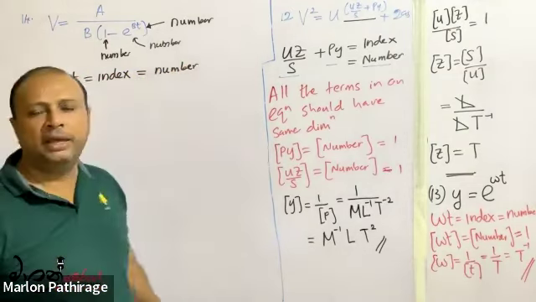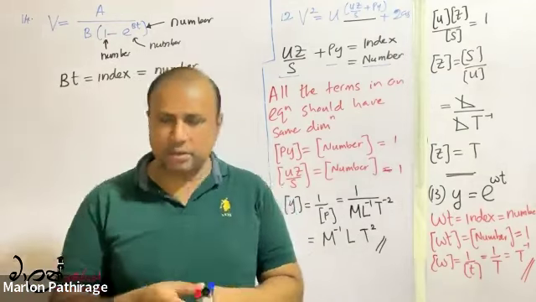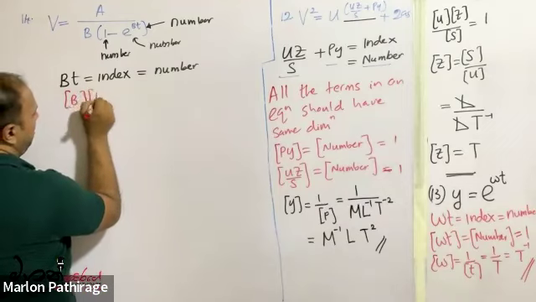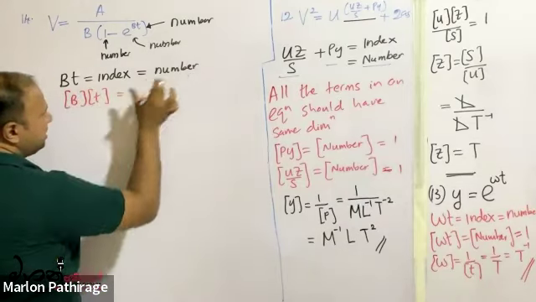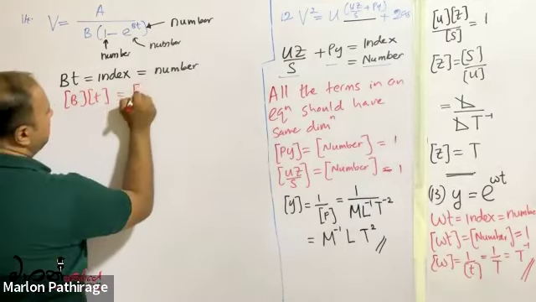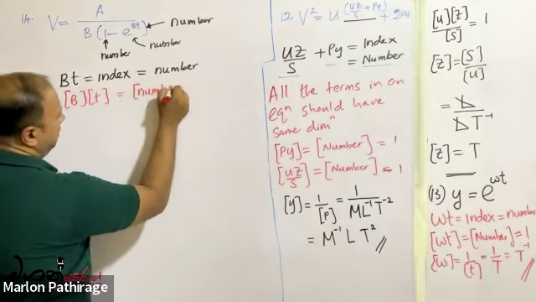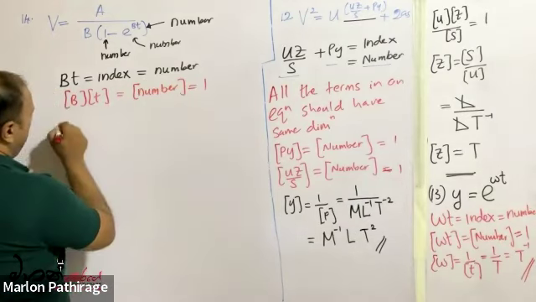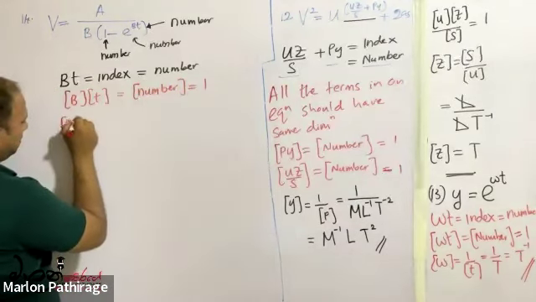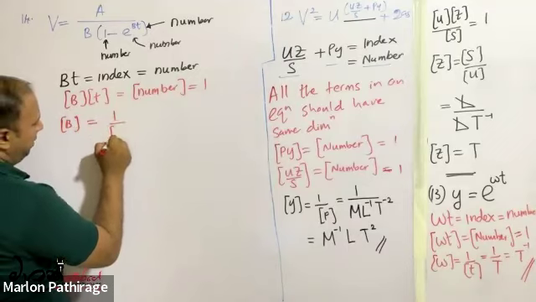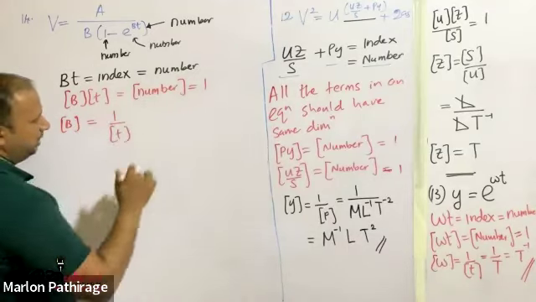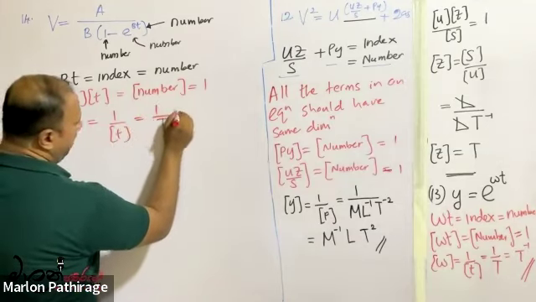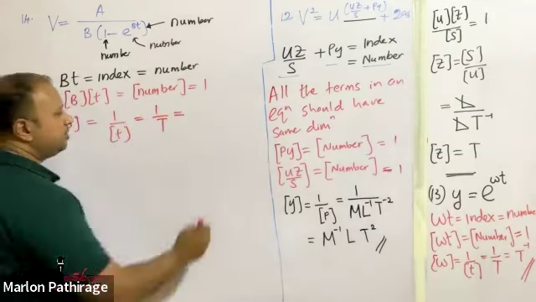Therefore, if you take the dimension, dimension of b into dimension of t is equal to dimension of number. Dimension of number is 1. Therefore, dimension of b is equal to 1 over dimension of t, that is 1 over capital T. Therefore, dimension of b is T minus 1.